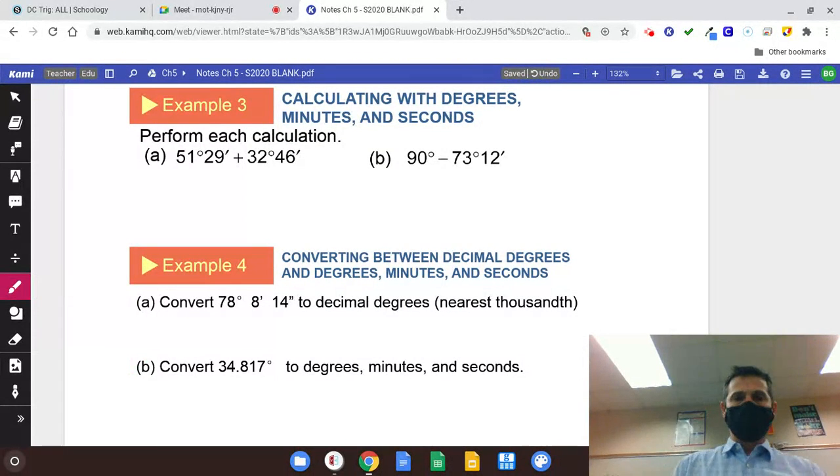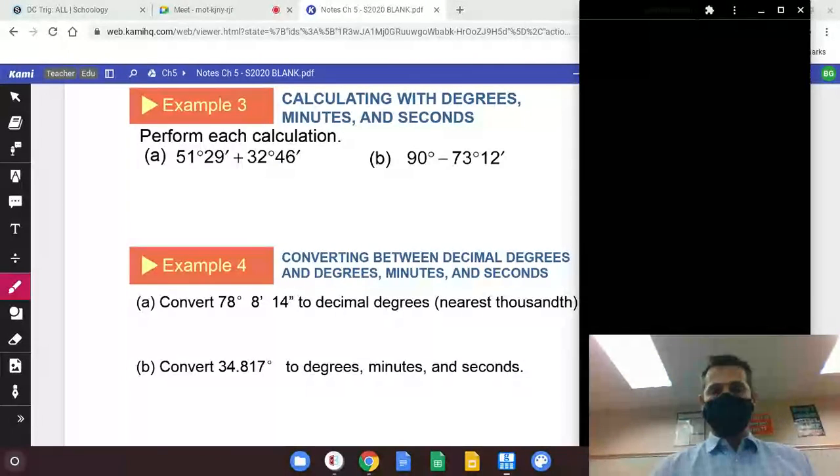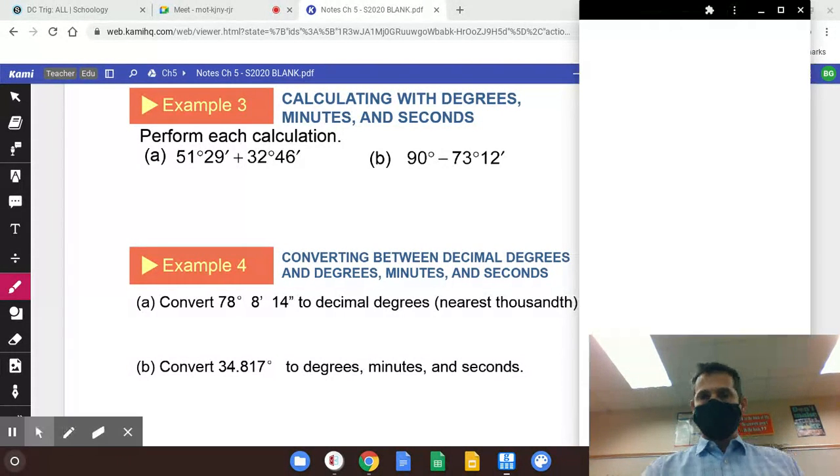All right. So we need to perform each calculation. Basically, this is like terms. So 51 degrees and 29 minutes. Think about it as just combining your like terms. That says 51 point something plus 32 point something. Okay, you're just adding parts. Let me get a calculator going here.